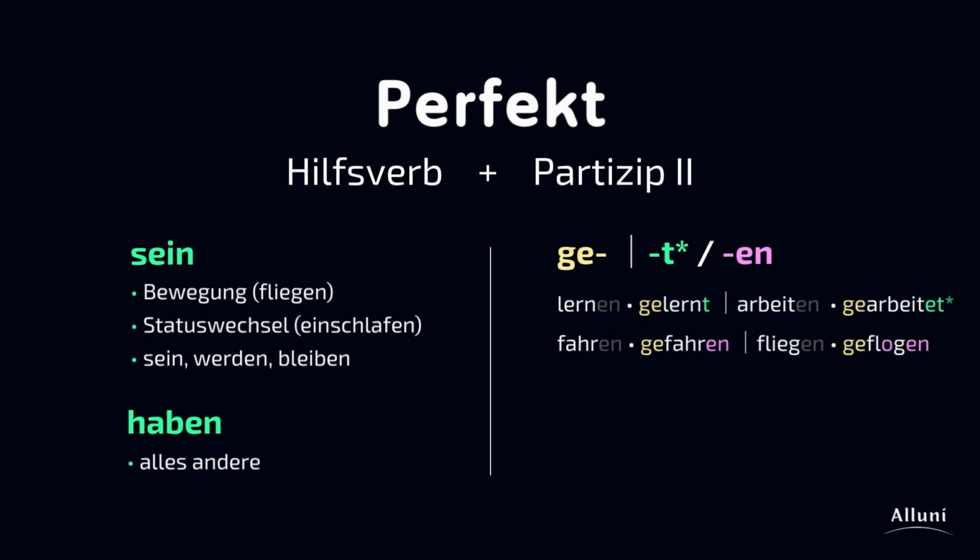Irregular verbs end in en, and some irregular verbs change the stem vowel. Usually we add ge in the beginning. With separable verbs we place ge between prefix and the verb stem. With inseparable prefixes we skip ge entirely, and we also skip ge with ieren verbs. Easy, right?